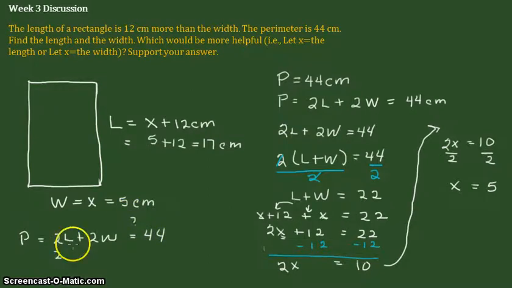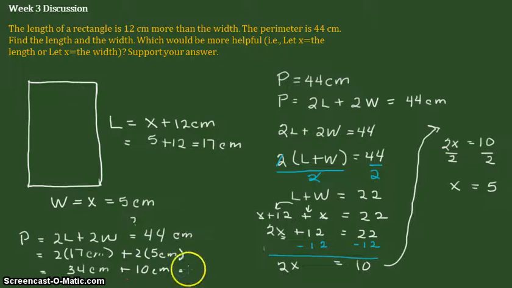So 2 times the length, which we said was 17 centimeters, plus 2 times the width, which we said was 5 centimeters, gives 34 centimeters plus 10 centimeters, which is 44 centimeters.